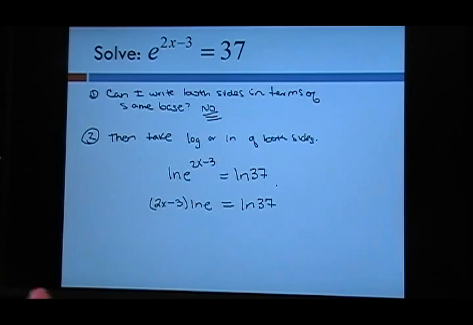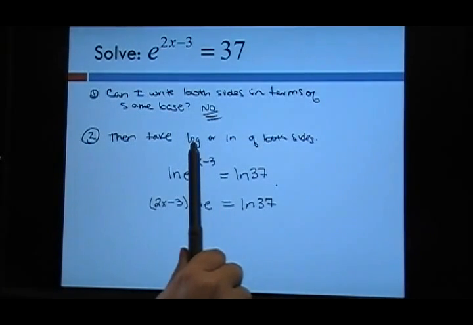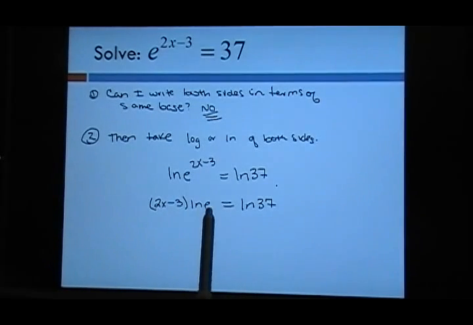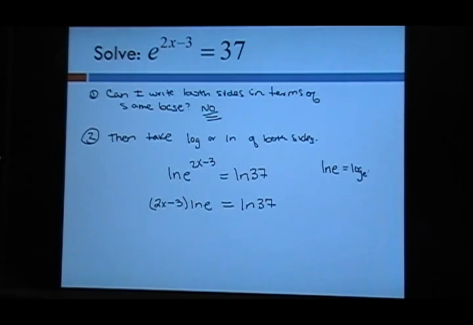So now I'm going to explain to you why I chose the natural log versus the common log. And it's because of what I have right here. If you go back to what we discussed before, natural log of e, that notation ln is just shorthand for log base e.